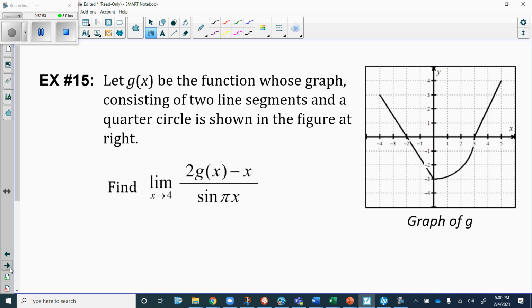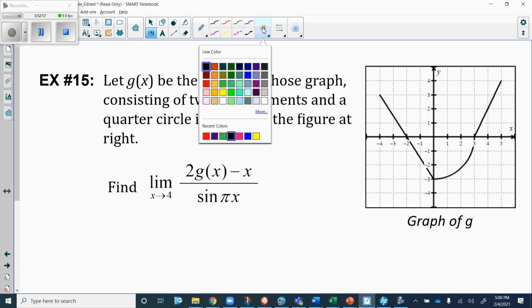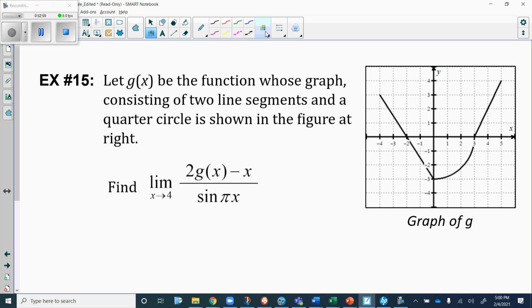So if you look as x approaches 4, looking at the function g of 4, g of 4 is here to be a 2, so that would give me 2 times 2 minus 4 over sine pi times 4, so sine of 4 pi, so that would be 2 complete revolutions on the unit circle.